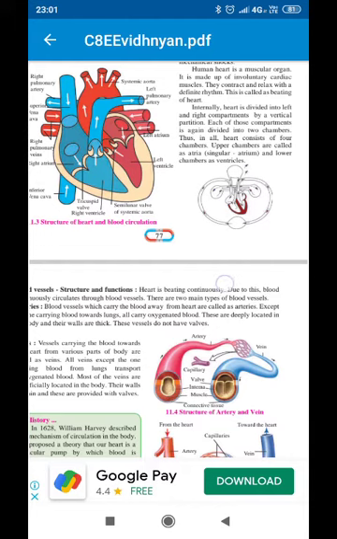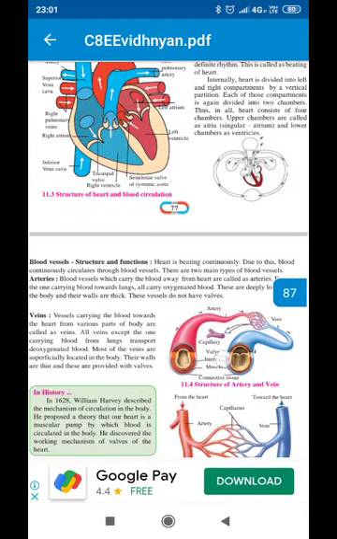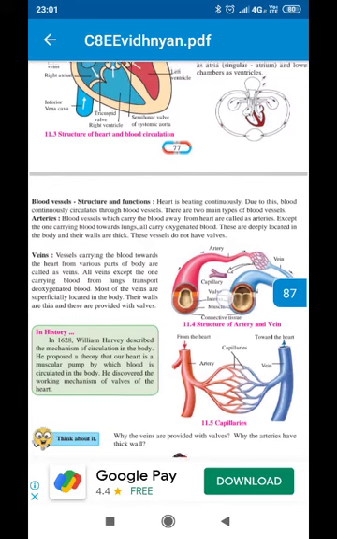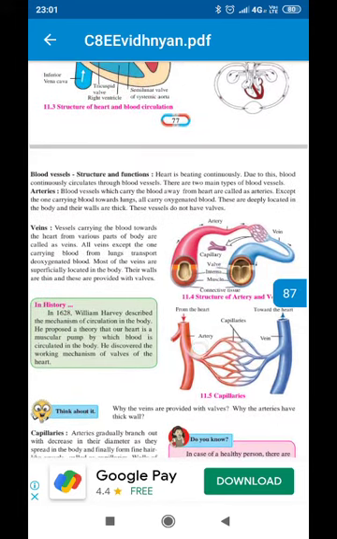The upper chambers are called atria, or auricles, and the lower chambers are called ventricles. So, upper auricles, lower ventricles, then the left chamber and the right chamber. You have to remember this. These are biological names; more difficult names will come further, which you should be aware of.